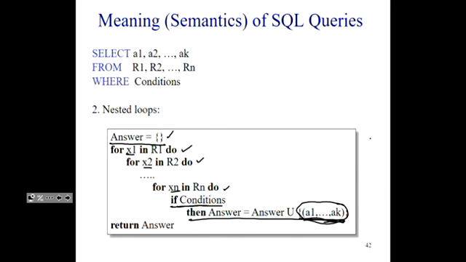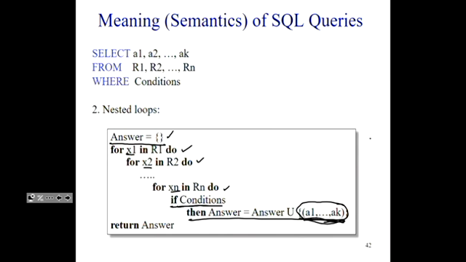Is handling the computational complexity very expensive? Yes. In this particular case, if you have a large number of relations listed in the from clause, it could end up being a very costly operation.